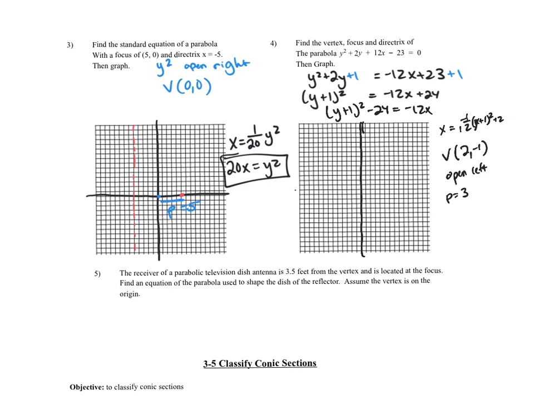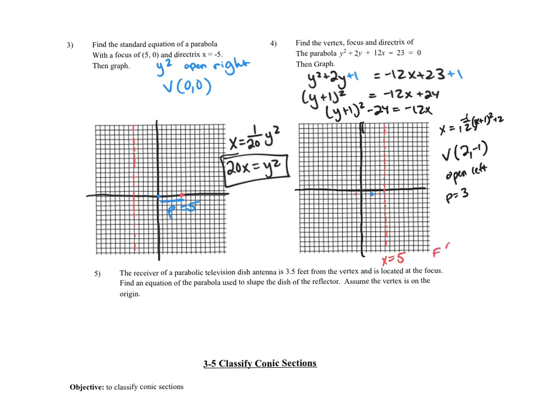Put on our axes. All right, we'll go to our vertex. So that's 2, negative 1. And then the directrix will be 3 units to the right. And the equation of that line is x equals 5. Our focus will be 3 units to the left.